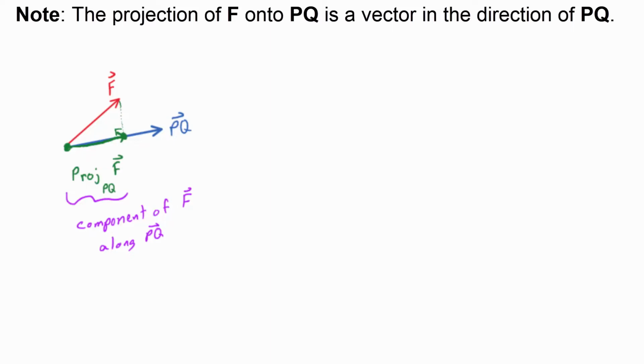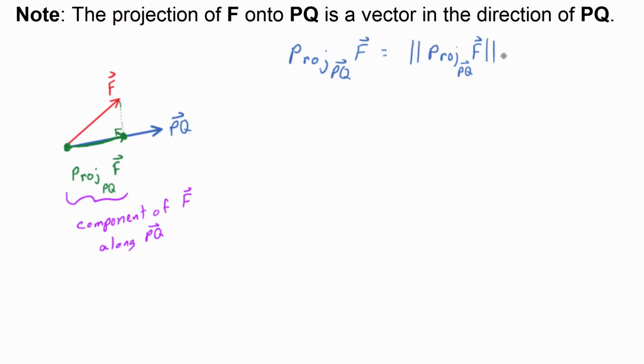Symbolically, the projection of F onto PQ would be the magnitude of the projection of F onto PQ, that's the length of that vector in green right there, times a vector that points in the same direction as PQ but is 1 unit long.